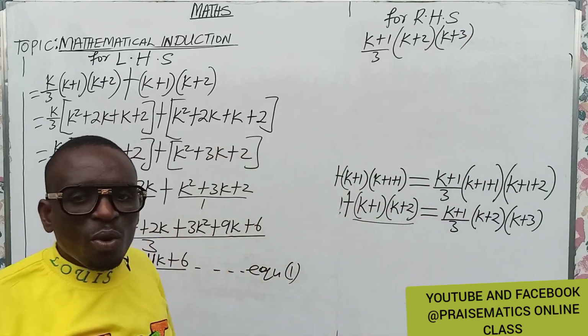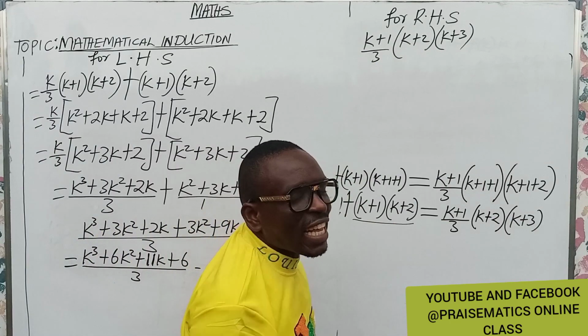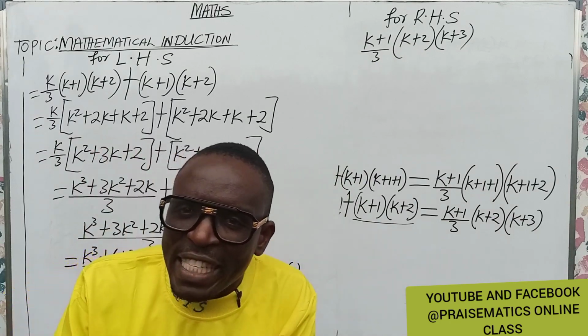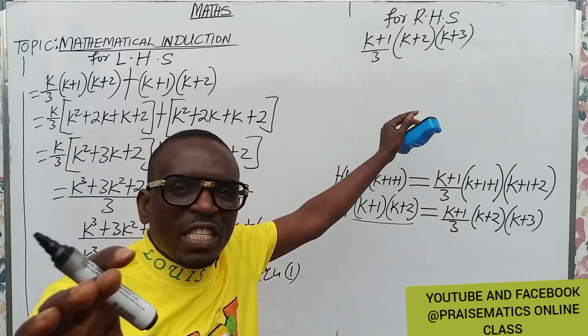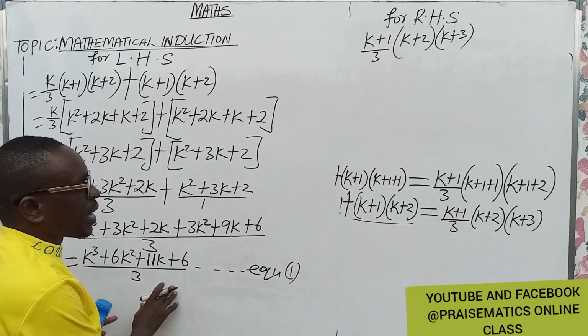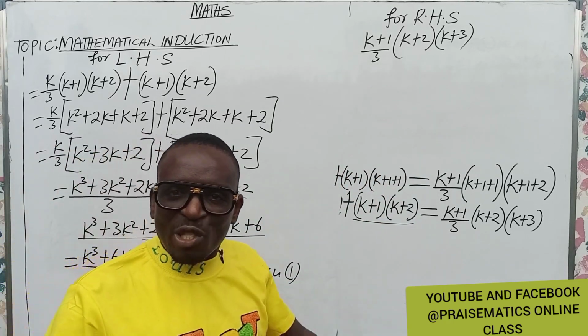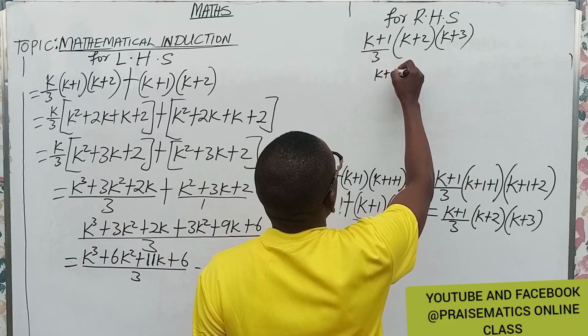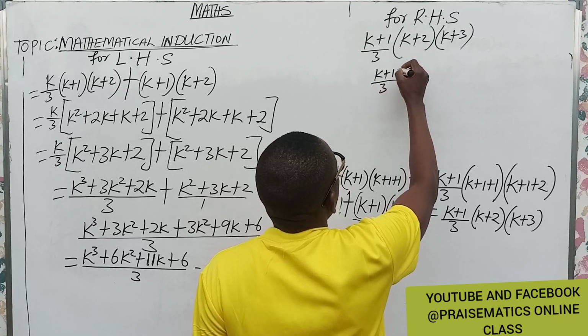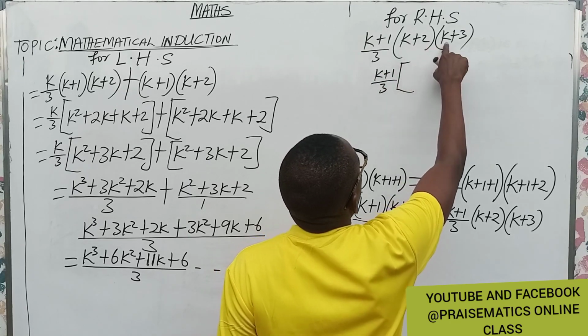Close it. We need to expand the right hand side, and if the answer we get after the expansion is exactly equal to this answer, then P of k plus 1 is true.